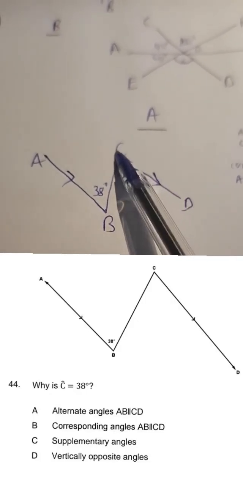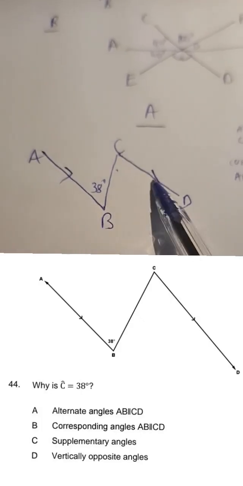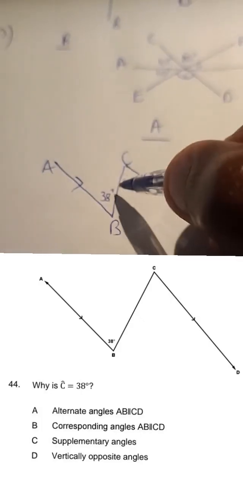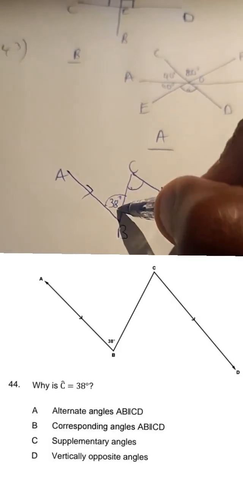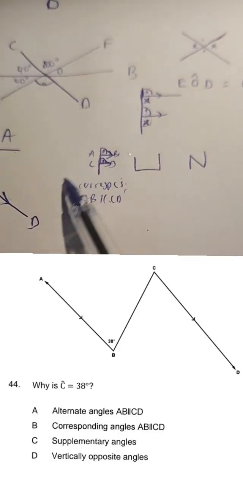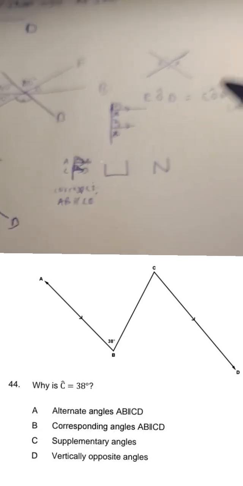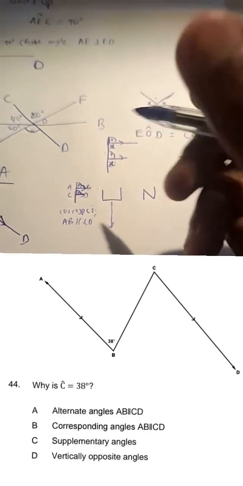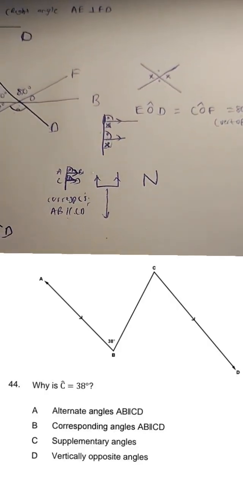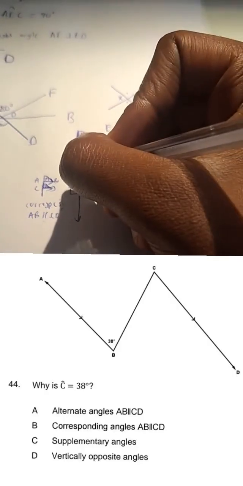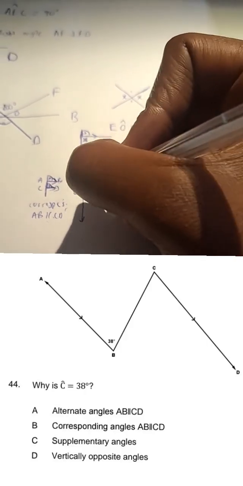As you can see, this is like a Z or N shape, and the question is, why is this angle C equal to that angle, which is 38 degrees? So it is not the corresponding angles relationship. Here we have what we know as the U shape or the C shape relationship.